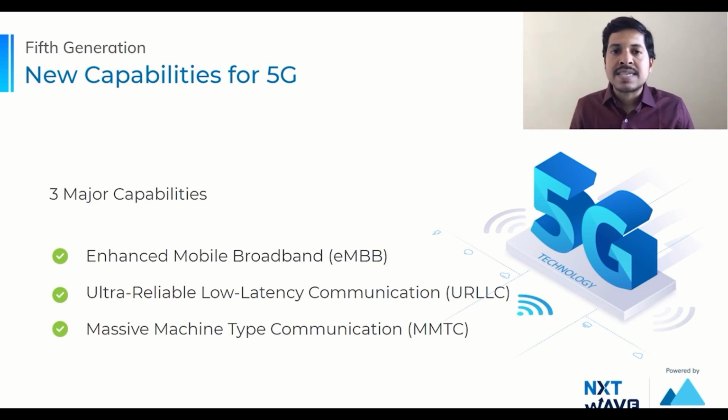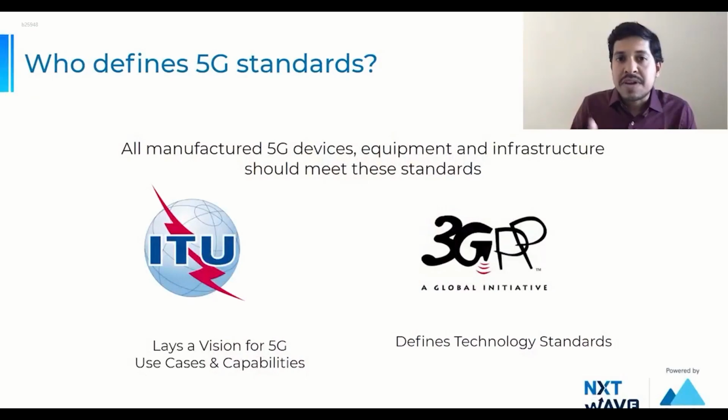Now you might ask, where are we in terms of actually seeing 5G mobile networks that meet these capabilities? So like we had discussed in the previous section, there is a standards body called 3GPP, which is responsible for defining technology standards that could meet these requirements or these use cases that have been laid out by ITU.